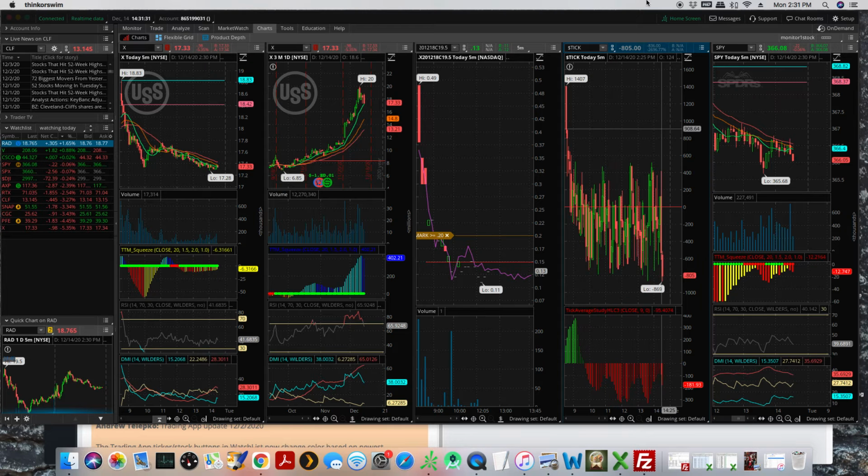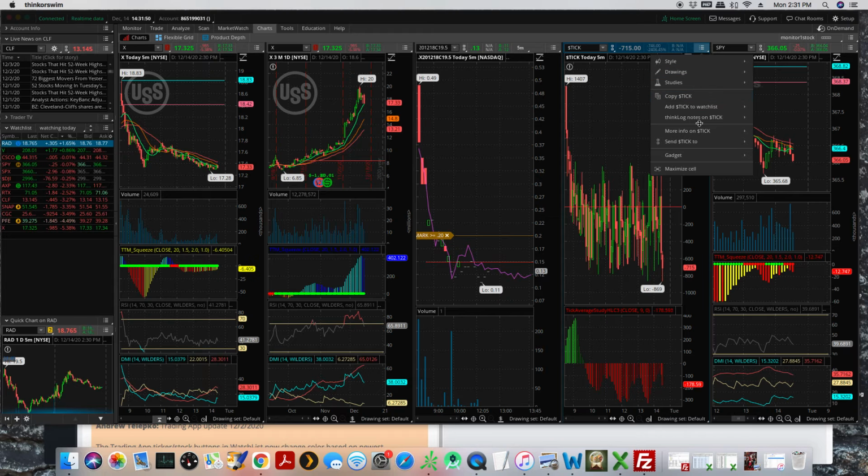It tells you if the ticks are positive or negative, based on the average of the high, the low, and the close over the last 9 periods. And we can look at that if we want.